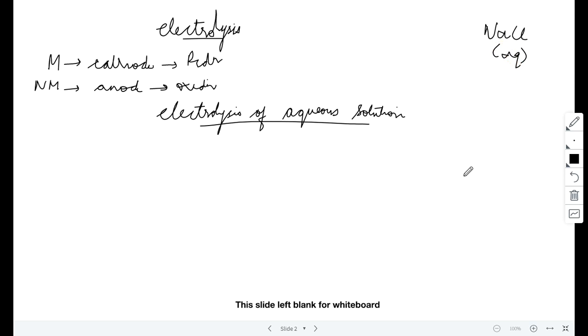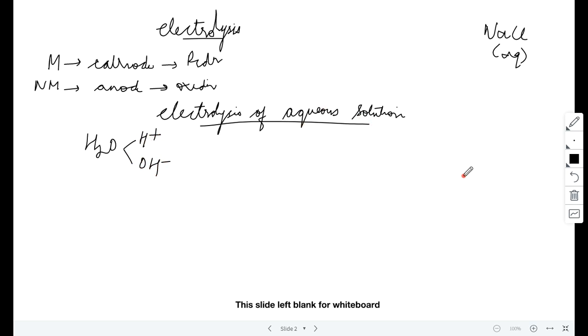Is it clear now? Yes. So if we talk about water, can you tell me how many ions water has? It's H positive and OH negative, right? Yes, this is very important.